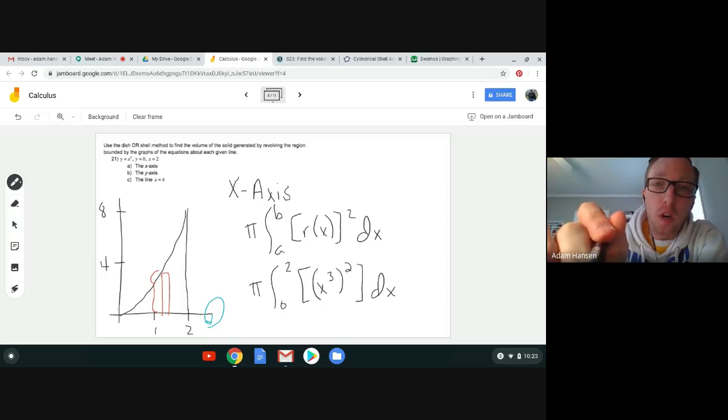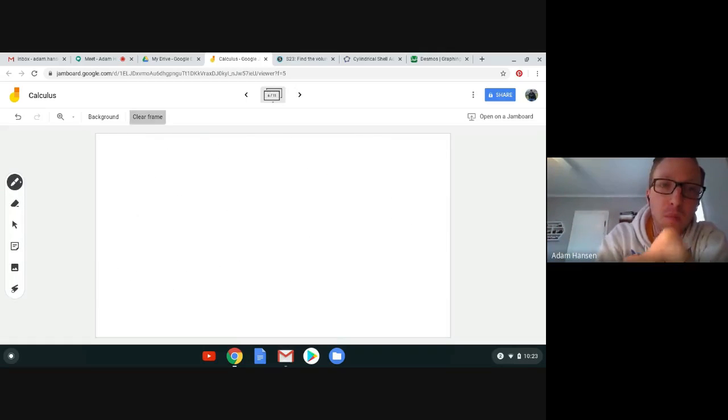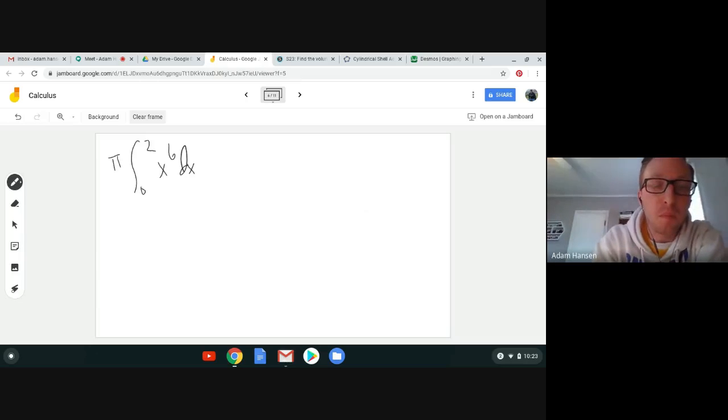Okay, x cubed squared would be x to the 6th. The antiderivative of x to the 6th would be x to the 7th over 7.